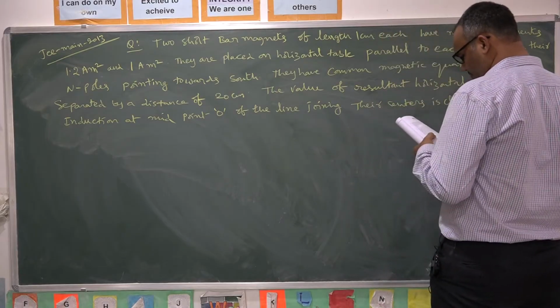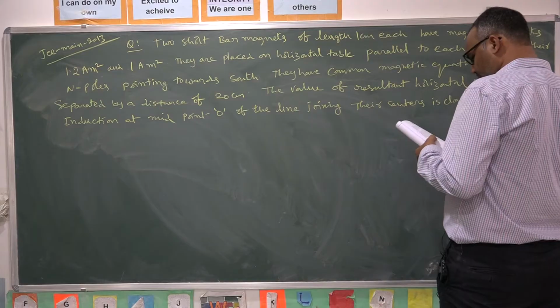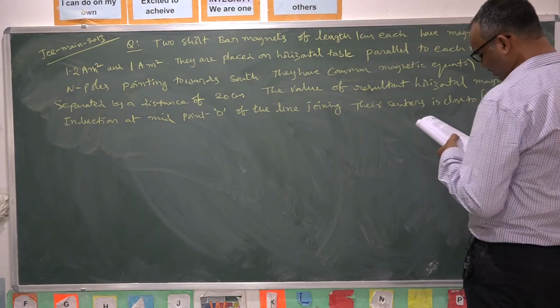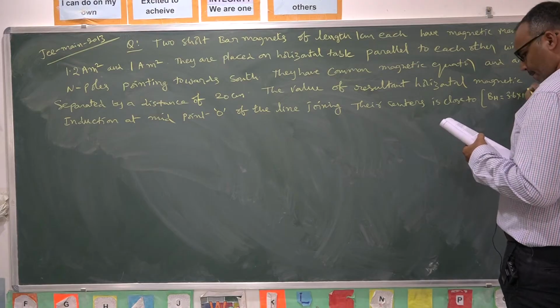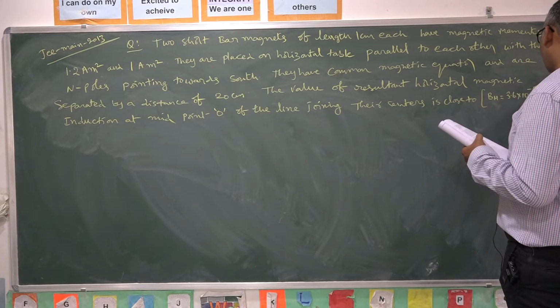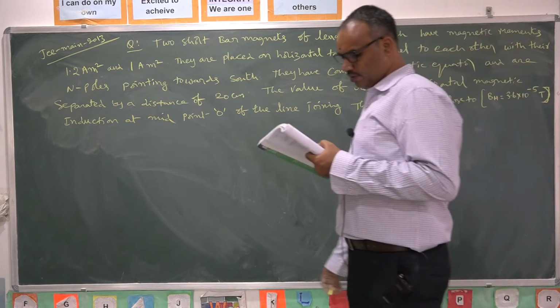You are given the horizontal component of earth's magnetic induction BH as 3.6 into 10 power minus 5 Tesla. So this is the question.